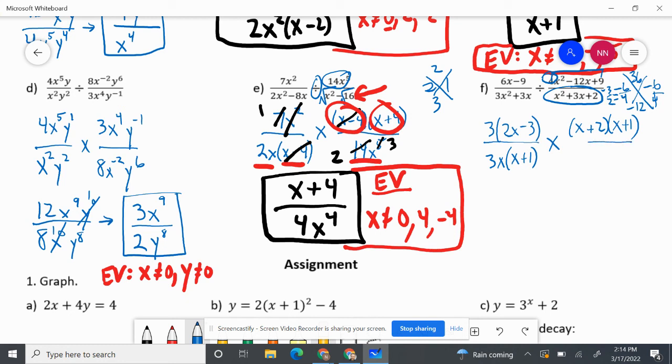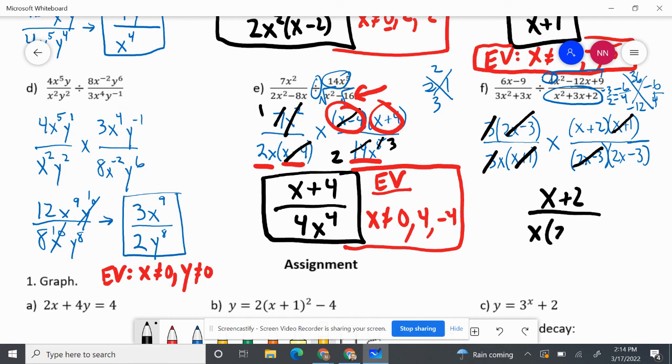So that means that when we bring the bottom to the top, 2x minus 3 and 2x minus 3. I'm going to look to see what I could cancel: the 2x minus 3's, the x plus 1's, and the 3's. So I have x plus 2, and I have an x and a 2x minus 3.